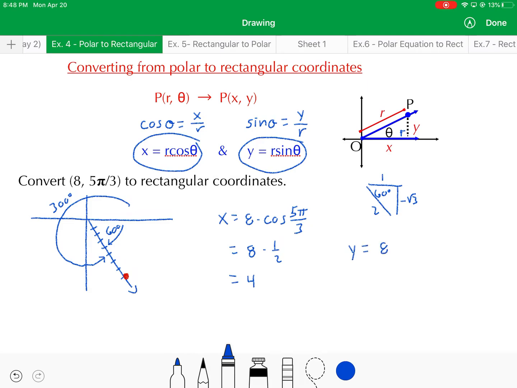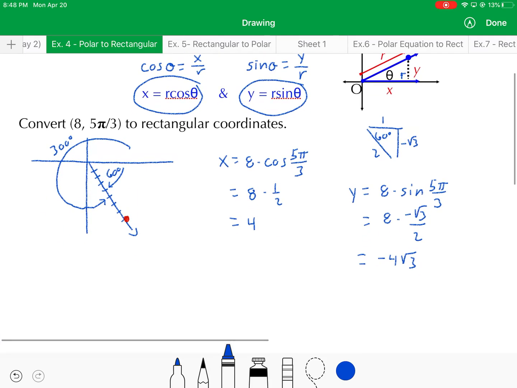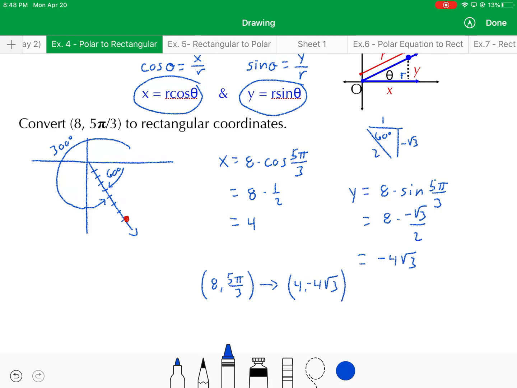Similarly, to get y, I'm going to take 8 times sine of that 5 pi over 3. That's going to be 8 times negative radical 3 over 2, which simplifies to negative 4 radical 3. So in the end, we can say that the polar set of coordinates 8, 5 pi over 3 converts to 4, negative 4 radical 3.